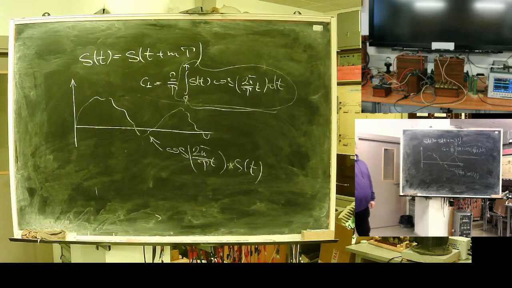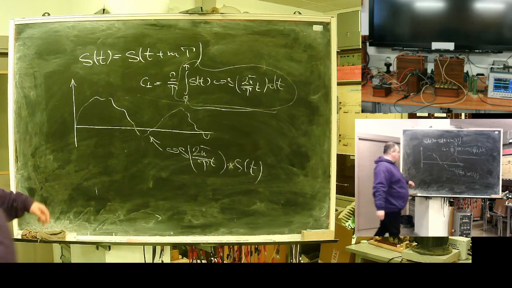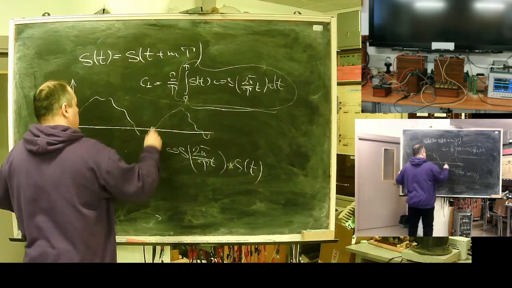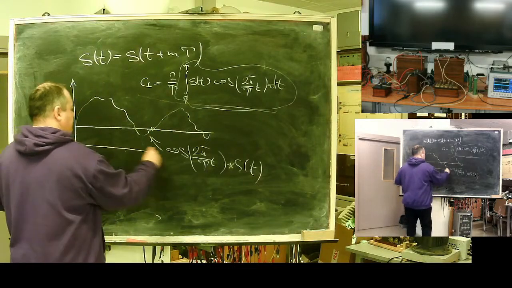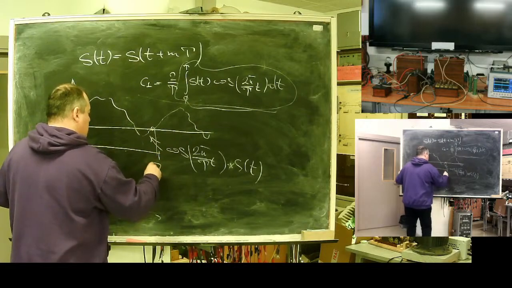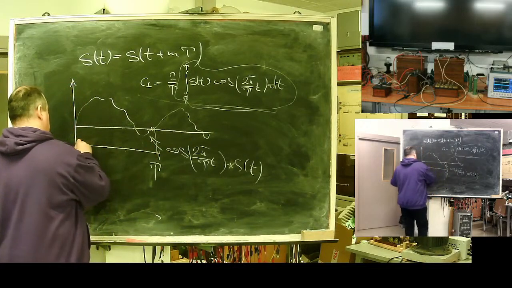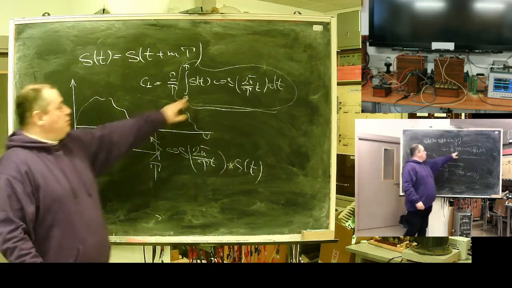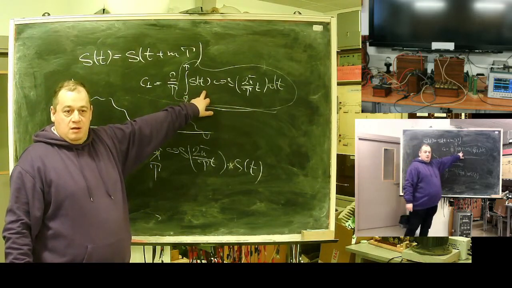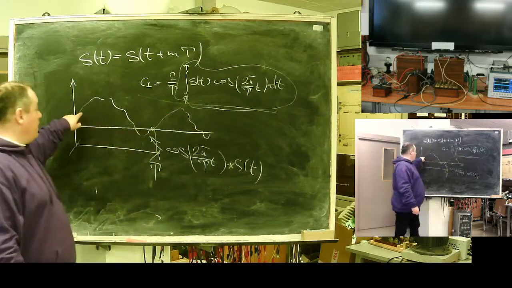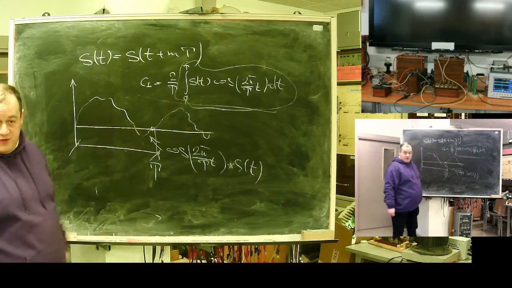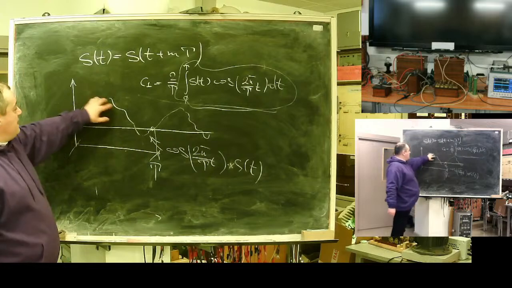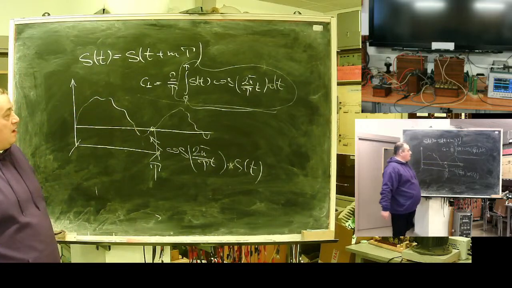Area. The signal comes periodically, continuously, but here is my period. It's enough. What's the physical meaning of this? Area of the white figure. I need the area of this figure.